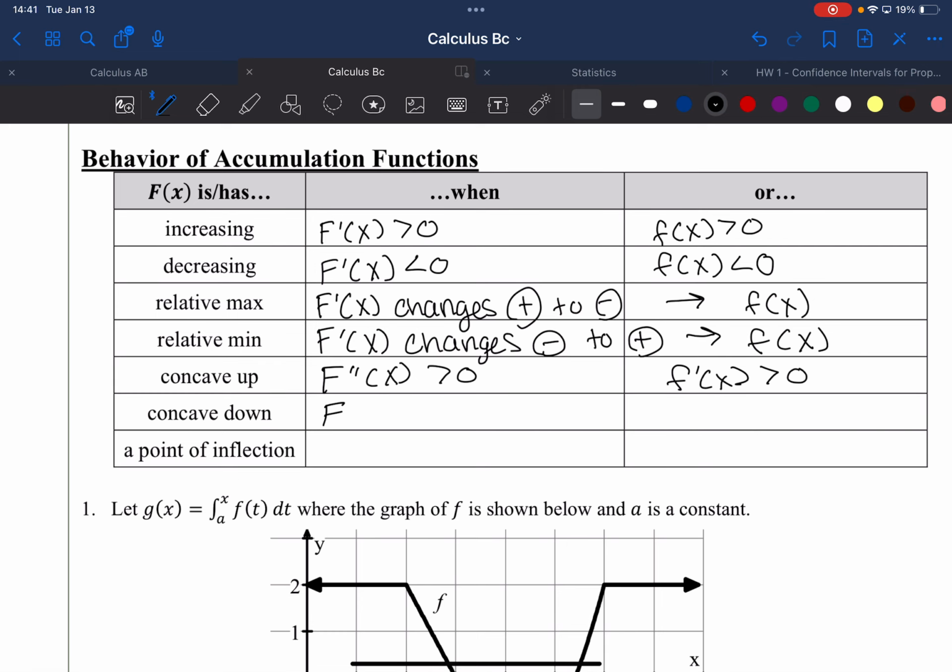Opposite for concave down. It's going to be less than 0. Okay. And then a point of inflection is going to be when that second derivative changes signs. And of course, that is going to be equivalent to the first derivative of the original function changing signs as well.